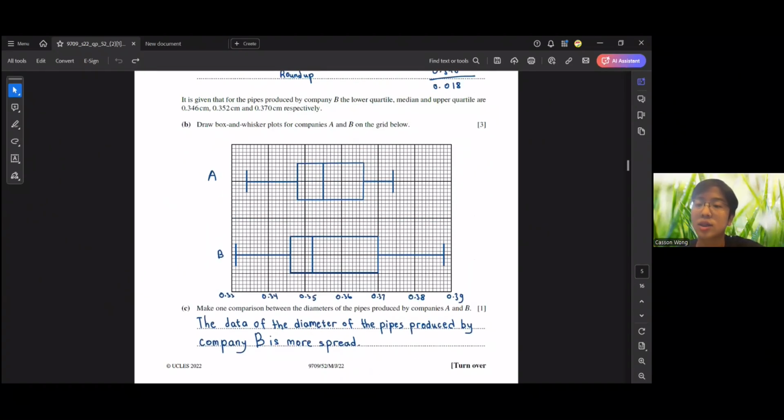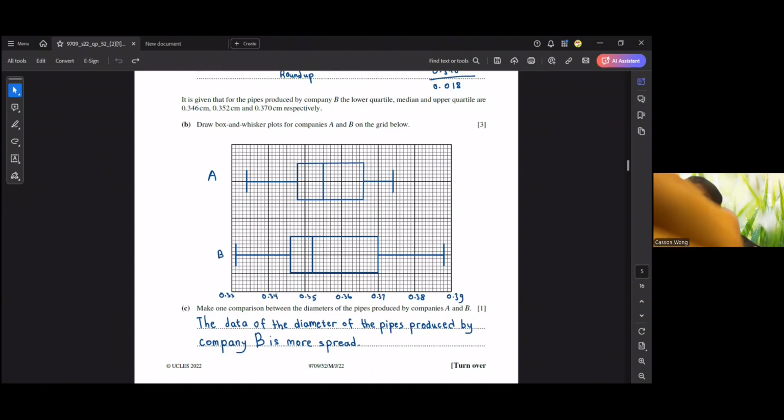Next, it is given that for the pipes produced by company B, the lower quartile, median, and upper quartile are 0.346 centimeter, 0.352 centimeter, and 0.37 centimeter respectively. Draw box and whiskers plots for companies A and B on the grid below.